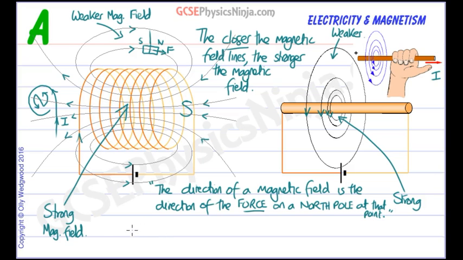So we can do a little table down here just to say if we increase the current, or if we change the current direction by turning the battery around or the cell around, then what happens to the magnetic field? Just put a little header here, magnetic field.